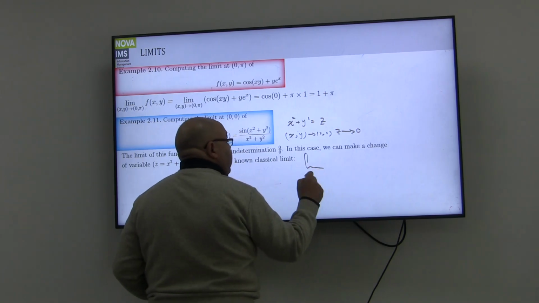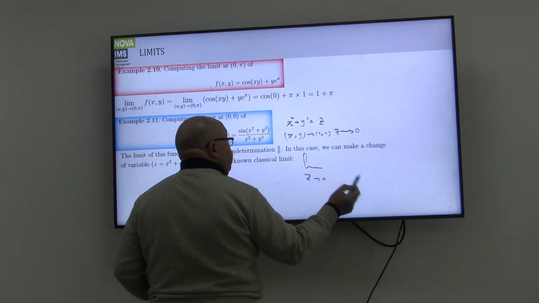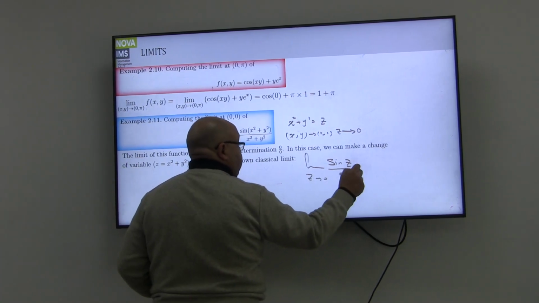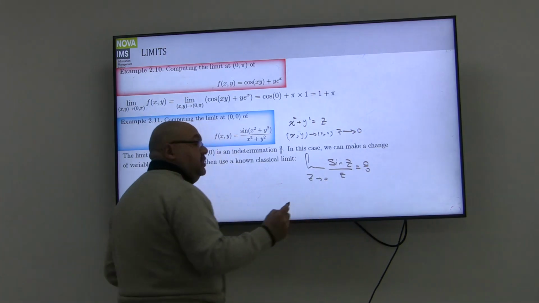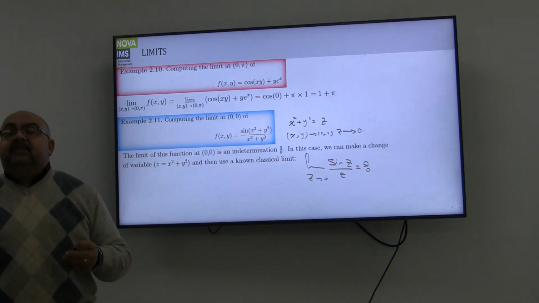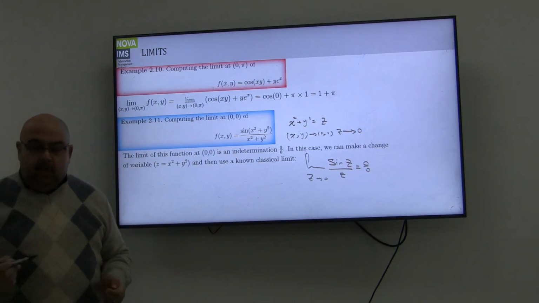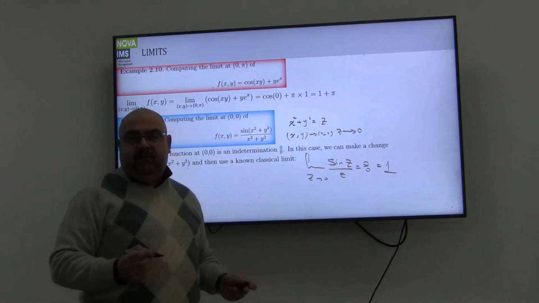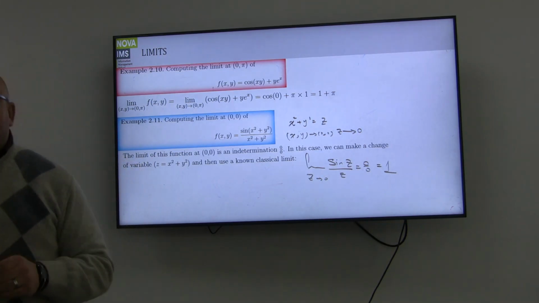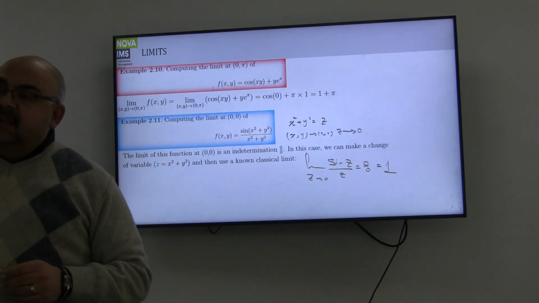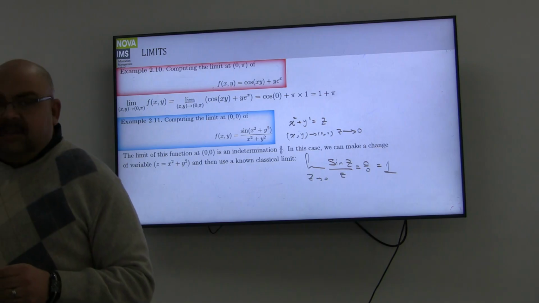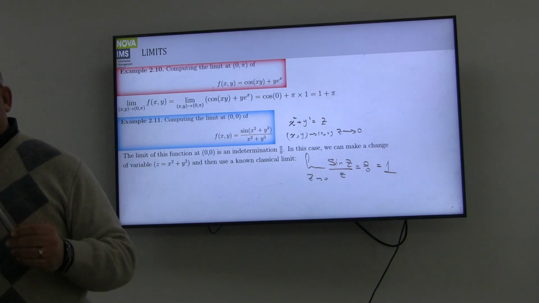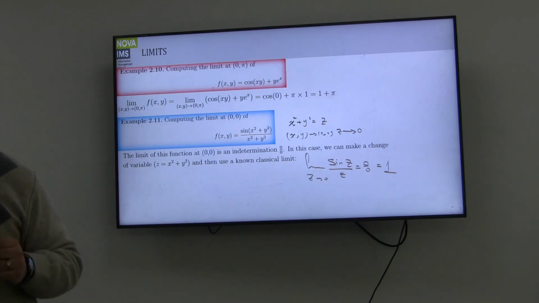Which means it's the limit as z tends to 0 for the function sine z over z, that's 0 by 0, and this is a very famous limit which is equal to 1. So it's a well-known result for this function. So I've succeeded in using the values of the famous limits, even if I'm running from R2 into R, as you can see. That's nice.